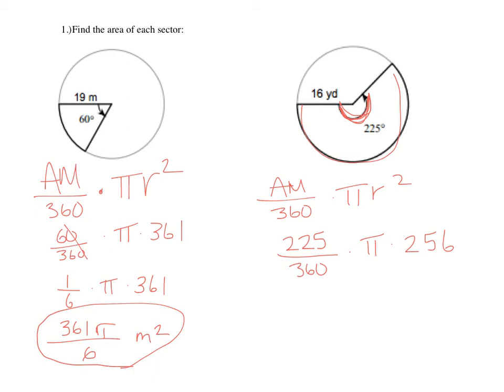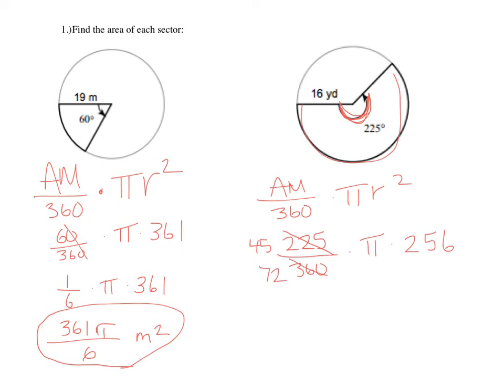And surely we can reduce 225 over 360. Let's see, what can we divide by? Well, I know I can divide by 5, and 225 divided by 5 is 45, and 360 divided by 5 is 72. Well, that makes it a little bit easier.